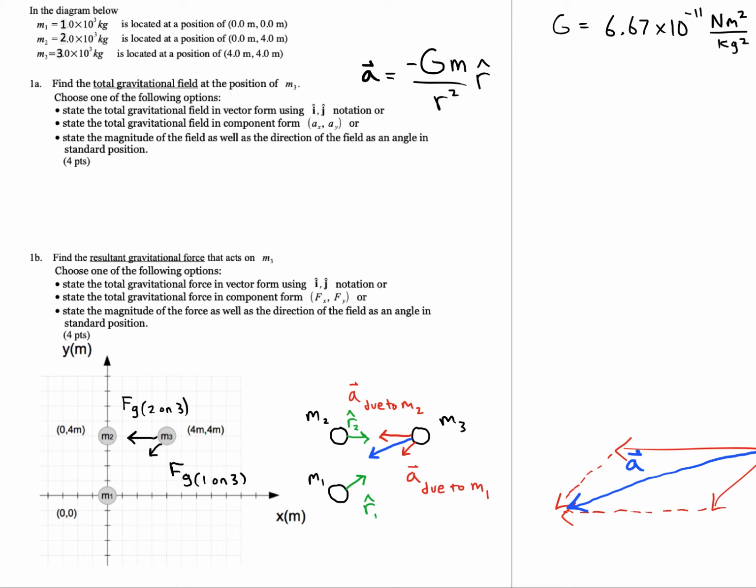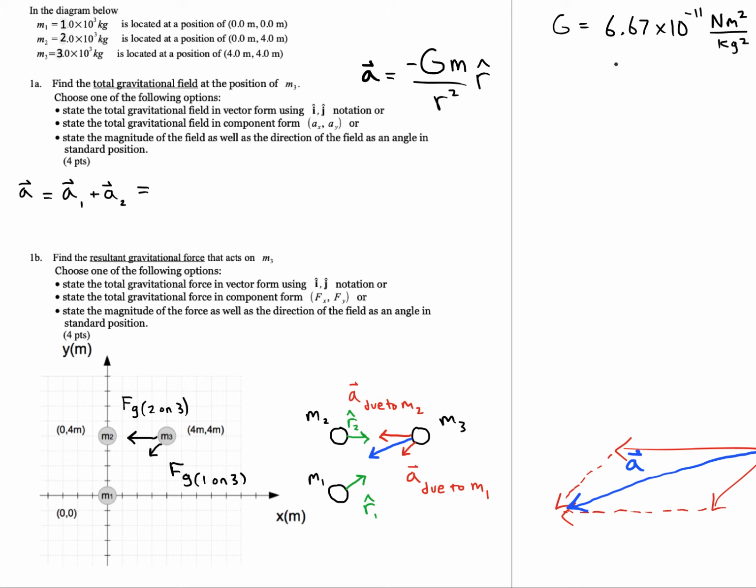All right, now let's set it up. Our total acceleration, our total gravitational field, is going to be a combination of the vector sum of A due to mass 1 plus A due to mass 2.